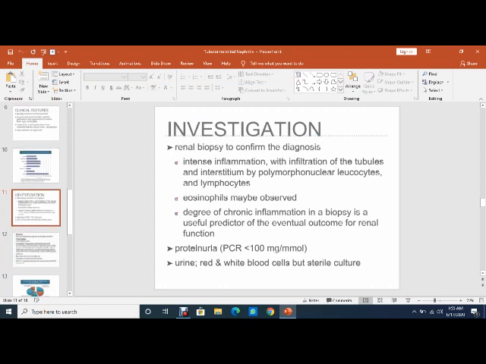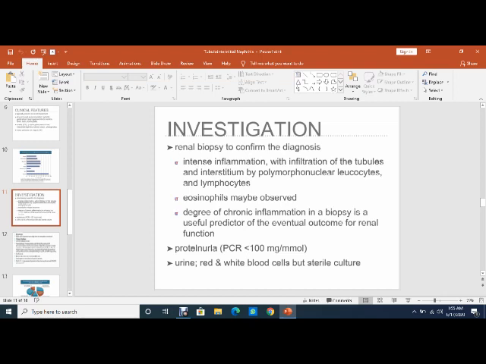Coming to the investigations, from urine analysis, urine DR, as in the first lecture we discussed, urine analysis is the poor man's renal biopsy. From urine analysis we can get a lot of information regarding tubular disease or glomerular disease.